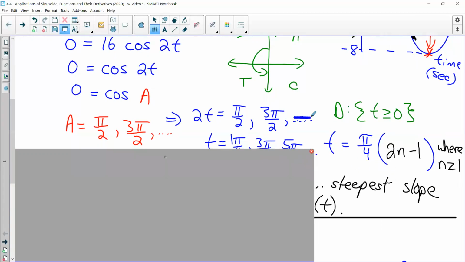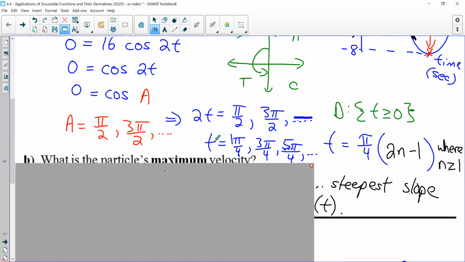So it's continuous. Now, what we wind up getting is dividing all of these values by 2, which is the same as multiplying by a half. So half of pi by 2 is pi by 4. Half of 3 pi by 2 is 3 pi by 4. And then the pattern would continue. If you're wondering where this 5 came from, well, 1, 3, 5. There's odd numbers in there.